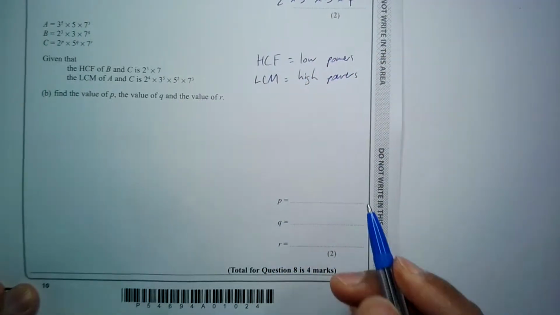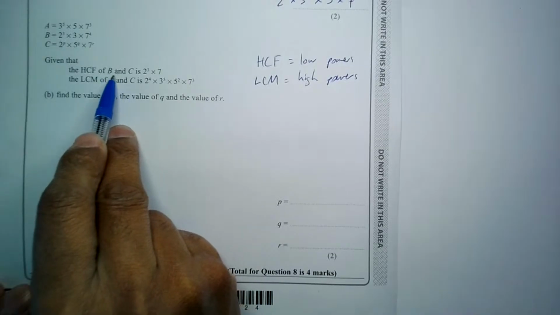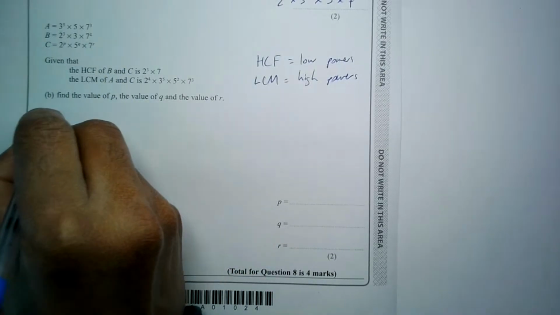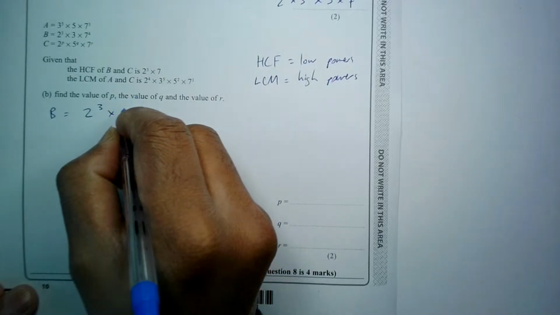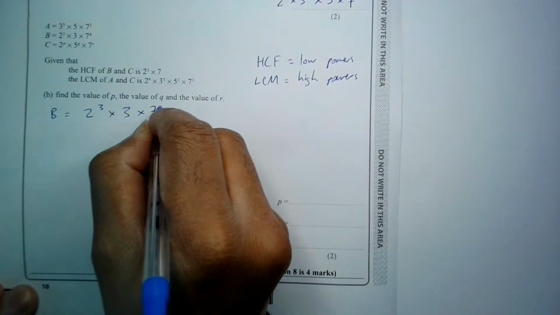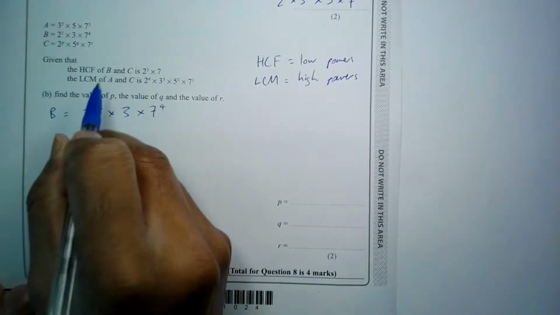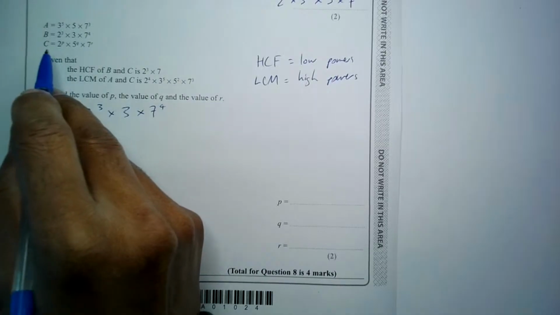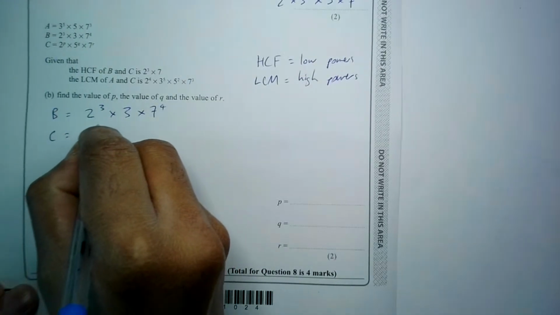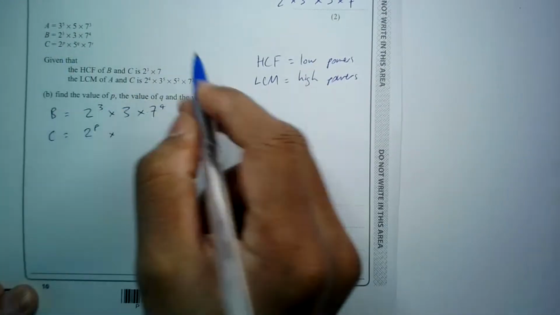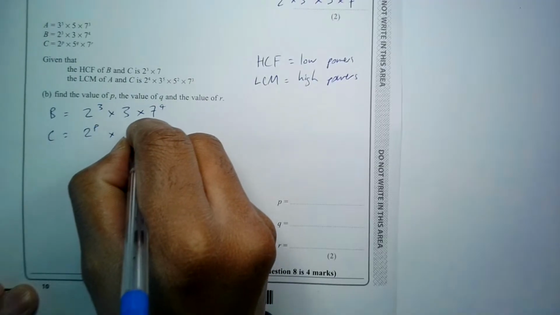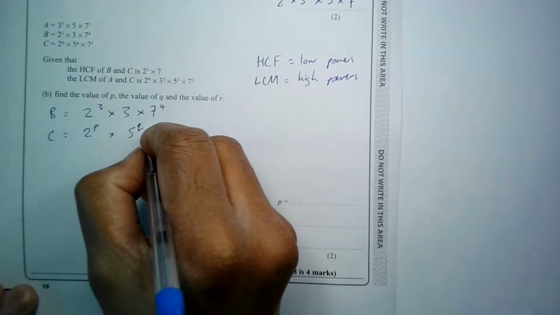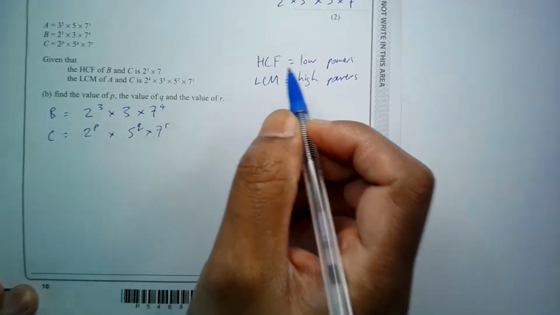Okay, so now I've got HCF of B and C. B equals 2 cubed times 3 times 7 to the power 4, and C equals 2 to the power p times 5 to the power q times 7 to the power r.